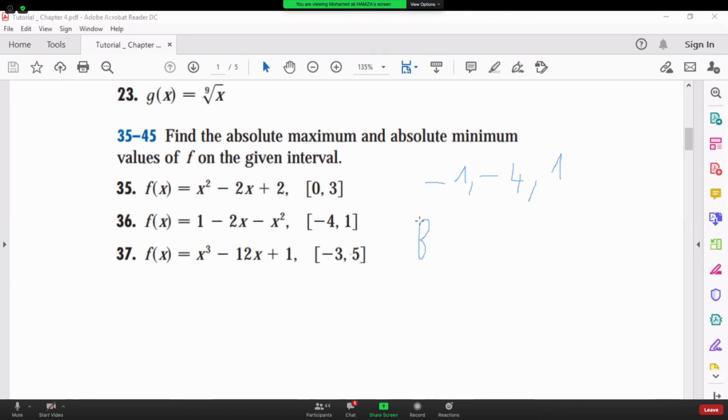Substitute x by minus 1, it gives 1 minus 4 plus 1, minus 2.